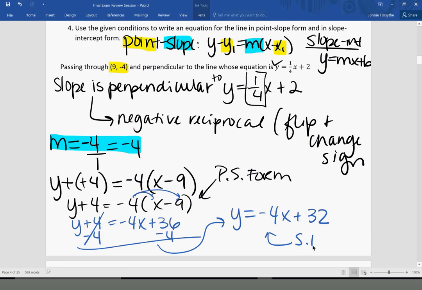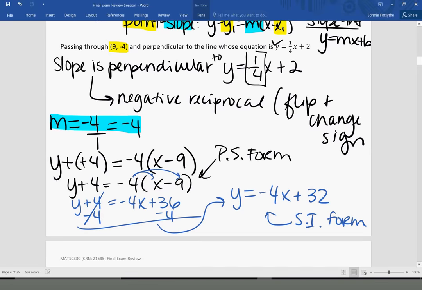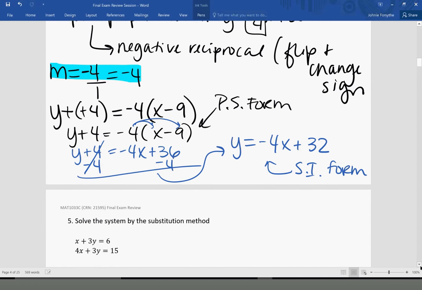So this is slope-intercept form. All right. Okay, any questions about that?